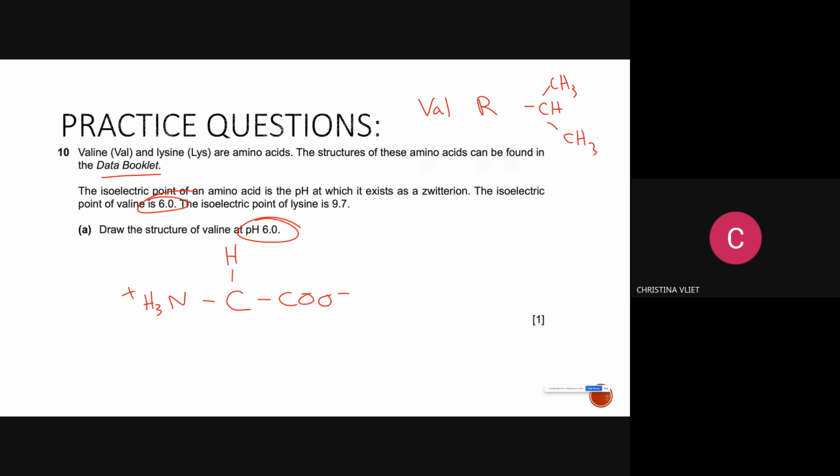Is that acidic or basic? Neither. And we're at the isoelectric point anyway, so you wouldn't mess with it regardless. Because remember, at the isoelectric point, you have your zwitterion, you don't have an overall charge on your molecule. And so that's that. How many marks is this?